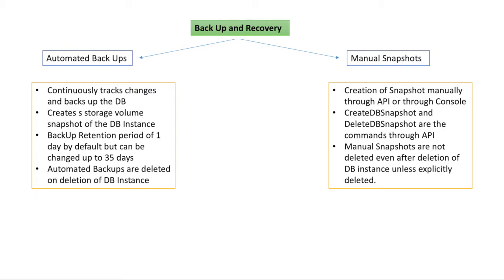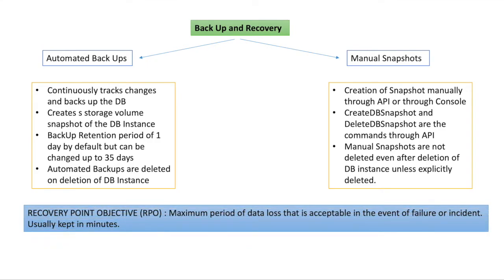You can create a snapshot manually through the console or through the API using commands like create DB snapshot, and delete DB snapshot for deleting those snapshots. An important difference with respect to automated backups: manual snapshots are not deleted even after deletion of the DB instance unless explicitly deleted. This is a very significant thing to understand.